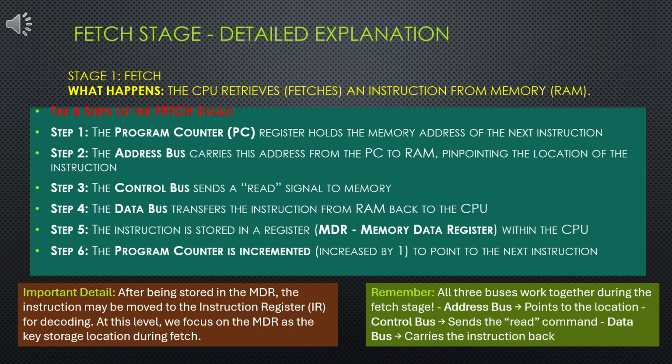Remember, all 3 buses are essential just for this first stage. The address bus points, the control bus commands read, and the data bus carries the instruction back to the CPU.